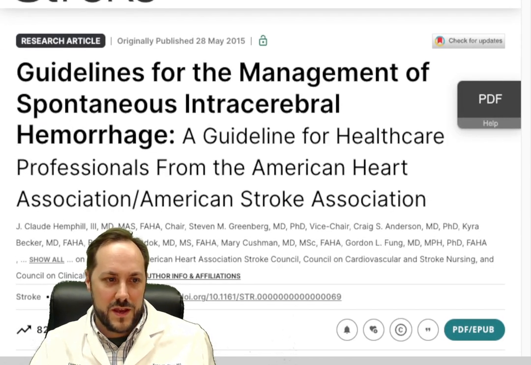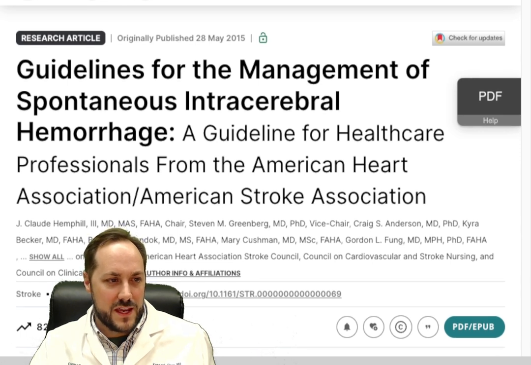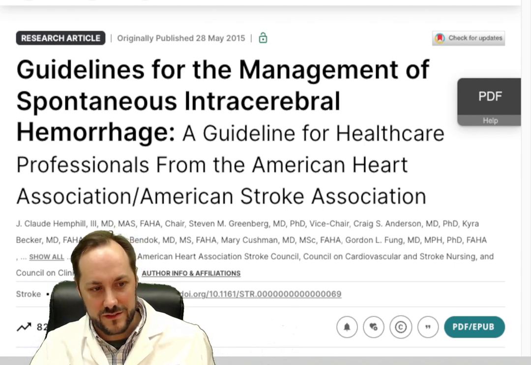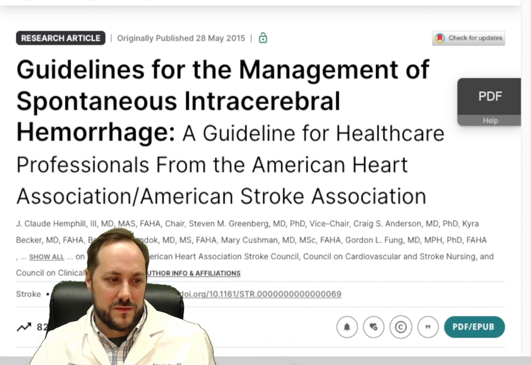And in this paper, they have some recommendations about hypertonic saline or mannitol, which could be used to treat acute ICP elevations, and that hypertonic saline may be more effective.